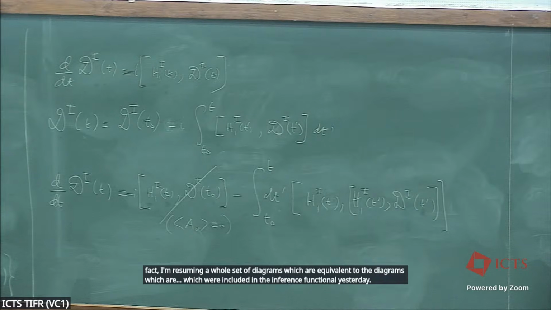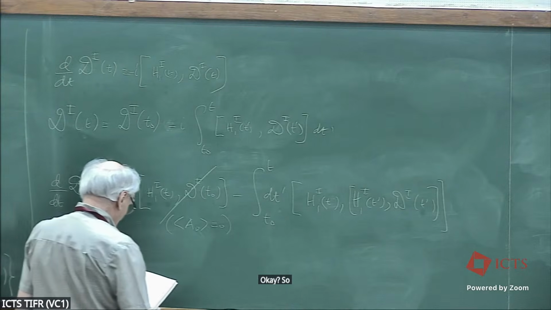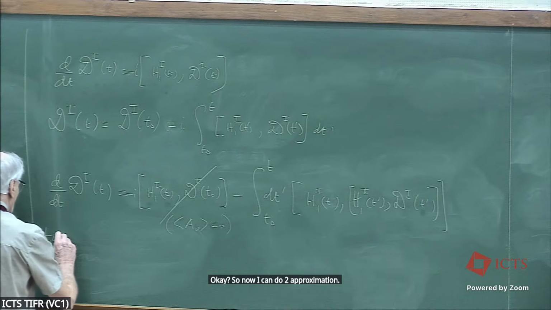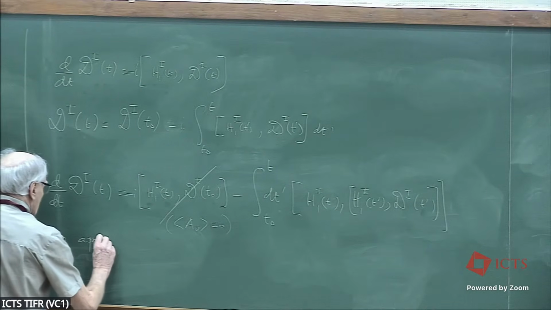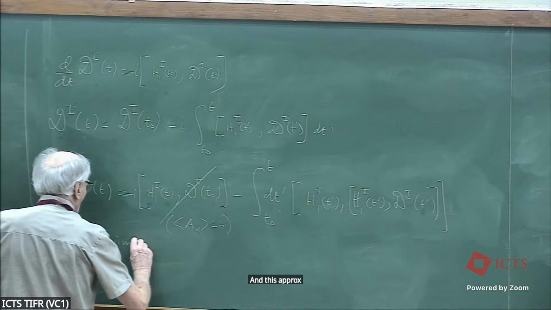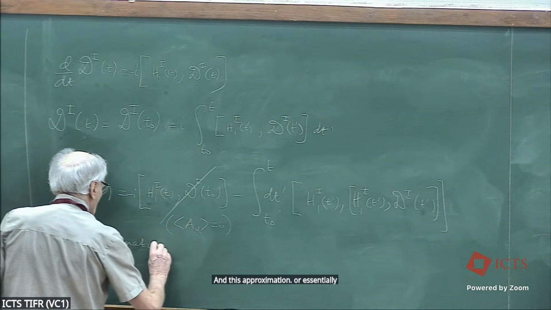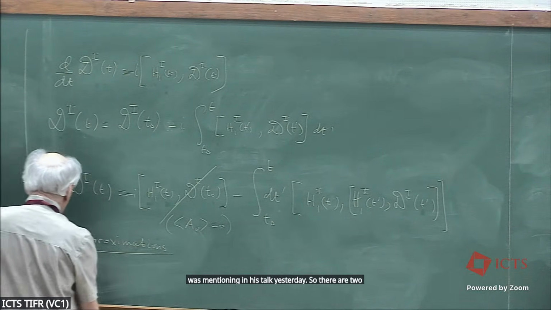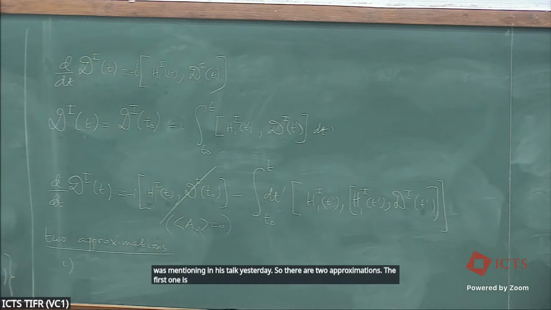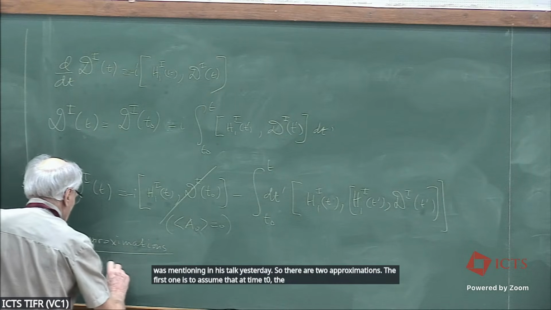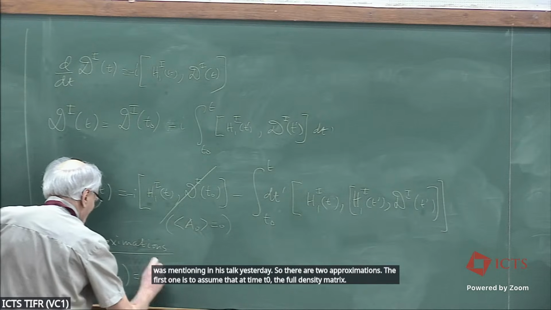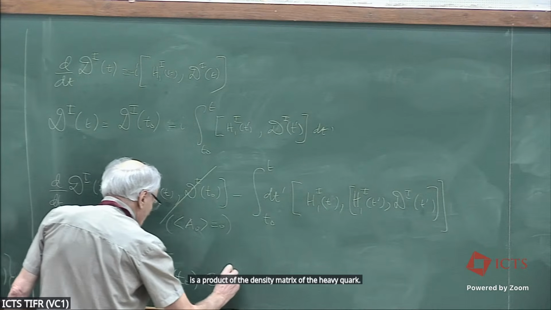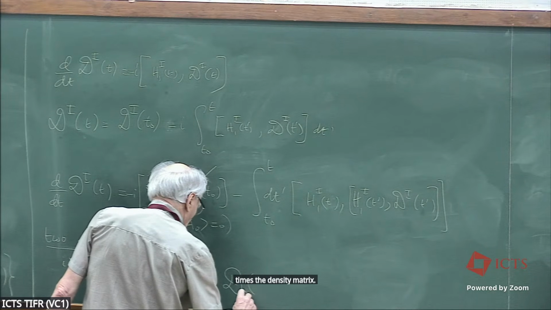So now I can do two approximations. And these approximations are essentially those that were mentioned in a talk yesterday. So there are two approximations. The first one is to assume that at time t0, the full density matrix is the product of the density matrix of the heavy quark times the density matrix of the plasma.